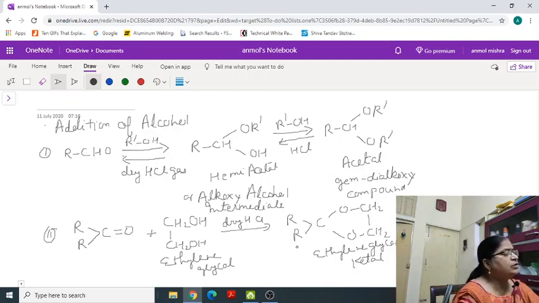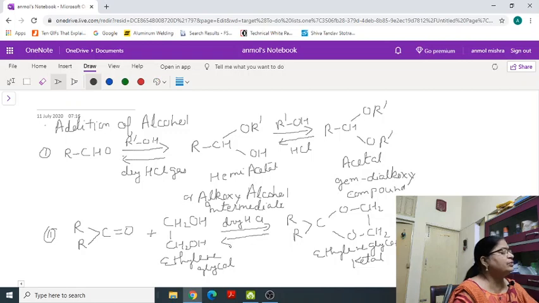Now the use of acetal and ketals are that they are hydrolyzed with aqueous mineral acids to form aldehyde and ketones respectively. So it is a reversible reaction.